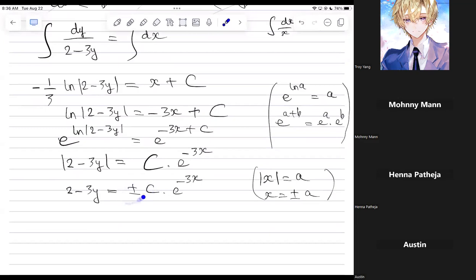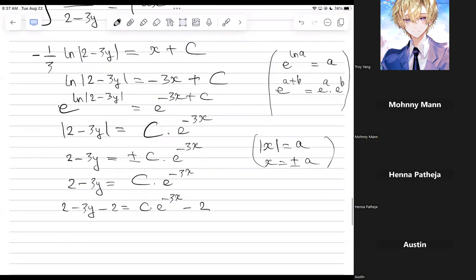Also, plus and minus c here is still a constant, right? So I can replace that by the other c. So if I subtract both sides by 2, that one cancels out. I will have -3y equals c times e to the power -3x minus 2.